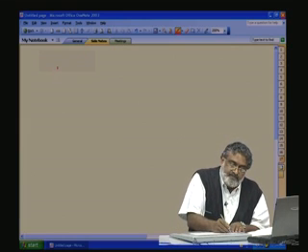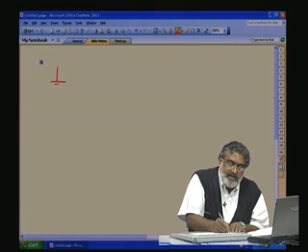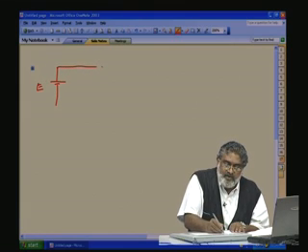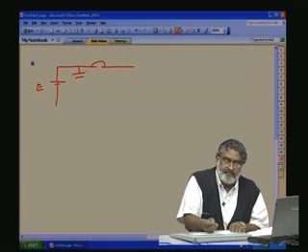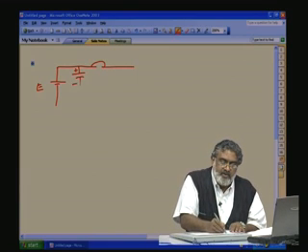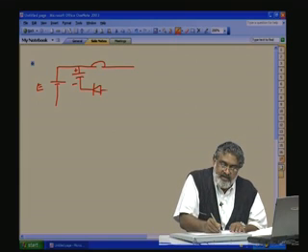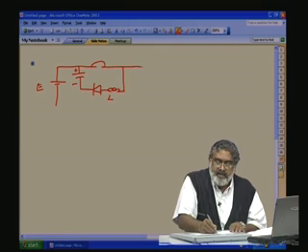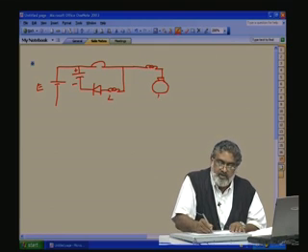This is our E, this is our main switch, capacitor initially charged to this value, then you have the diode, L. Here you have the load circuit.